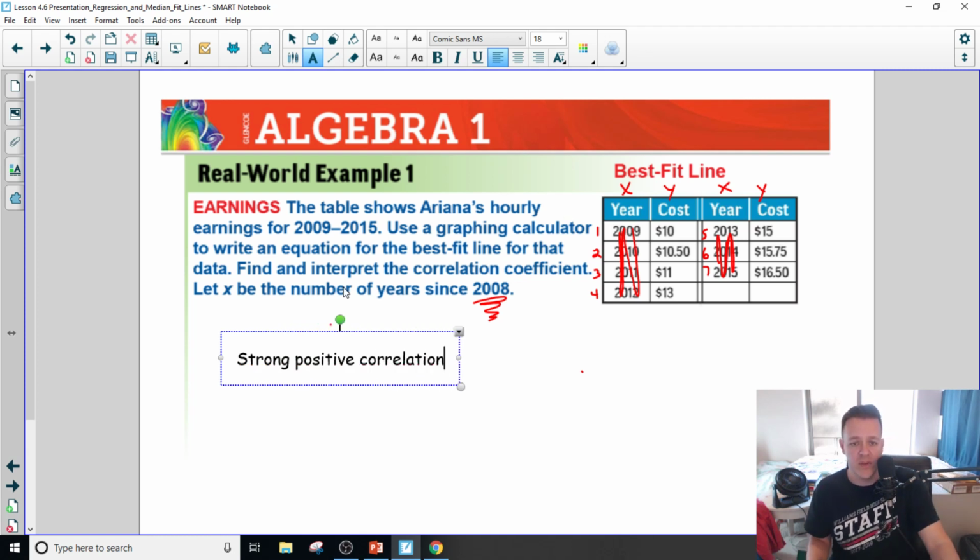So find and interpret the coefficients, and then let x be the number of years, and that's what we're looking for. Now, if I wanted to write the equation, I could write it going off my data.